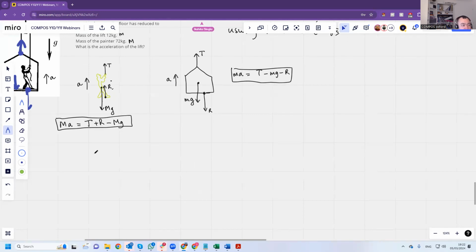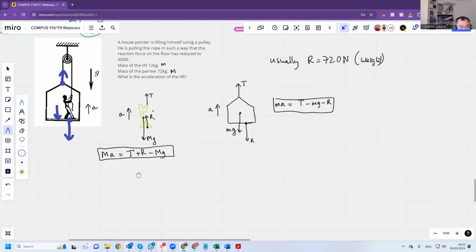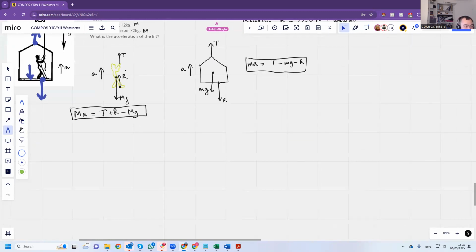Okay, so what do we do? Well, we'll probably subtract because we want to get rid of T. We don't know T, and we're not really interested in T. We'll subtract the equations and by that we'll eliminate T. That means we'll do 1 minus 2.